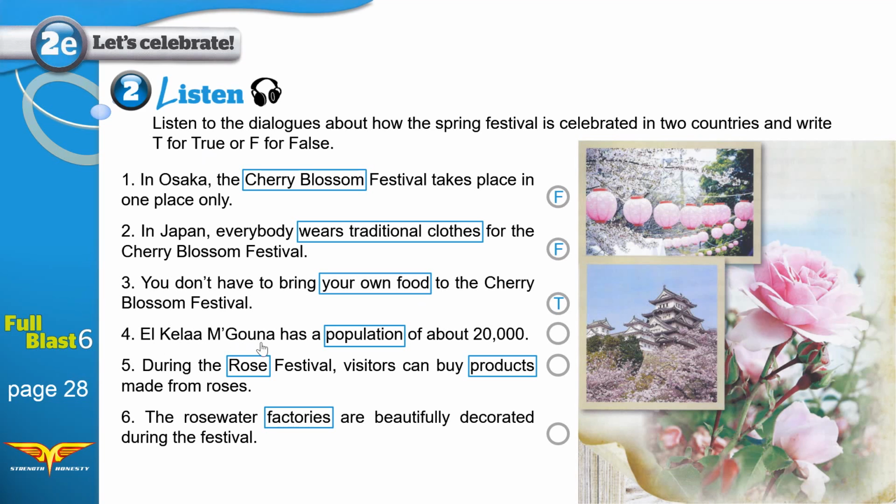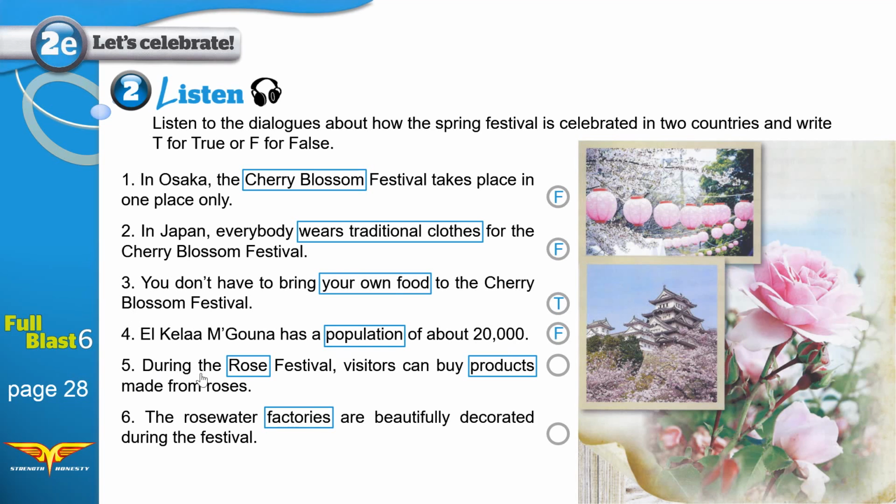El Kilamaguna, which is a city in Morocco, has a population about 20,000. That is false. 20,000 people visit El Kilamaguna. That's the number of tourists, not the number of population. 20,000 people is the number of tourists, people who come from outside the city to visit it.